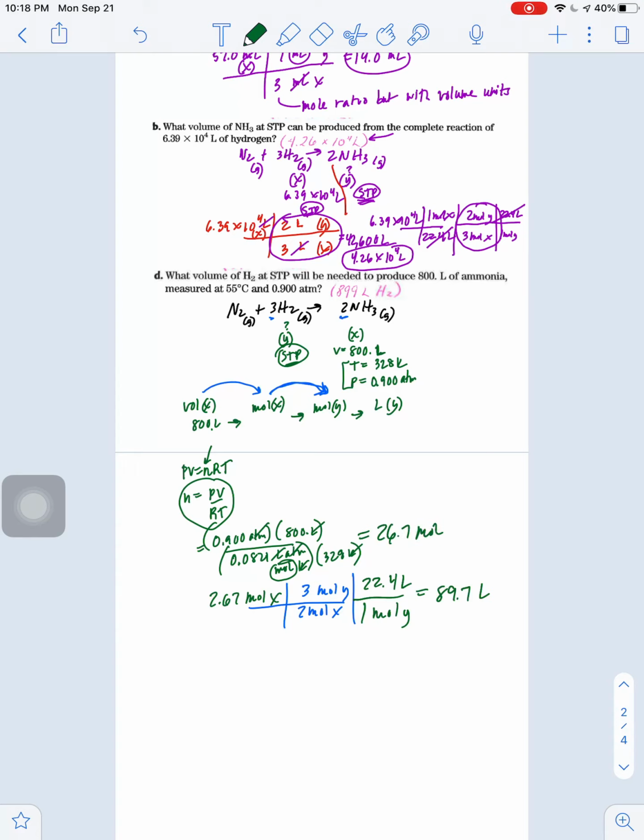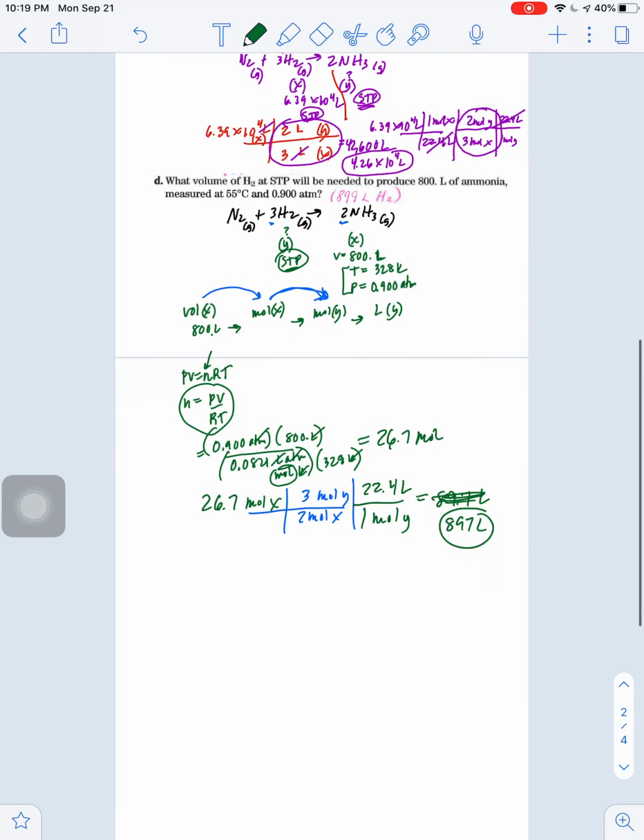I'm sorry, not 2.67. That's going to be the only problem. So I would get 897 liters instead of 89.7. And it's probably just a slight rounding difference between me and whoever's answer is there. Okay, so that's how you do it when you're not at standard temperature and pressure.